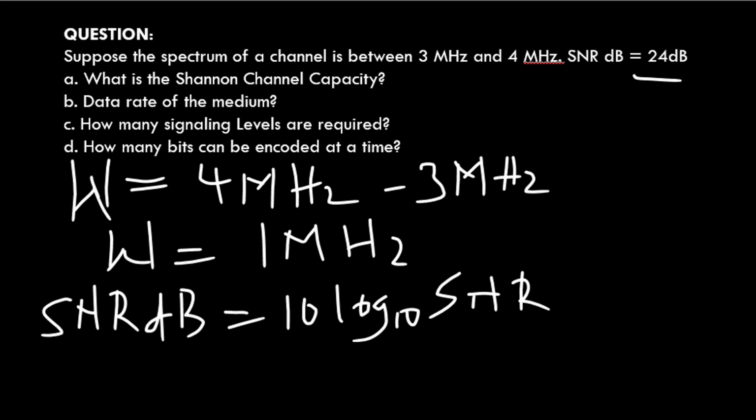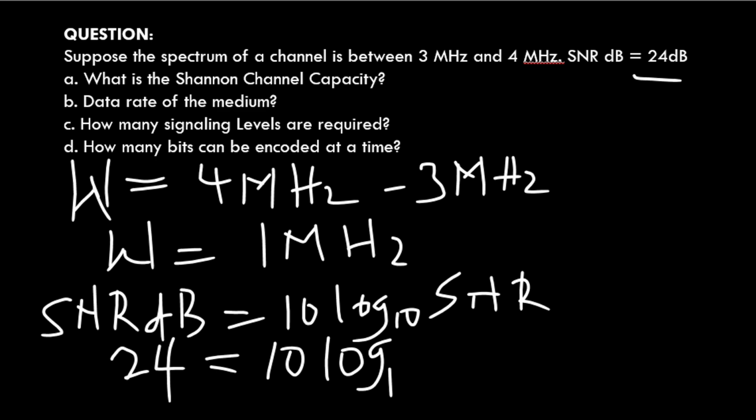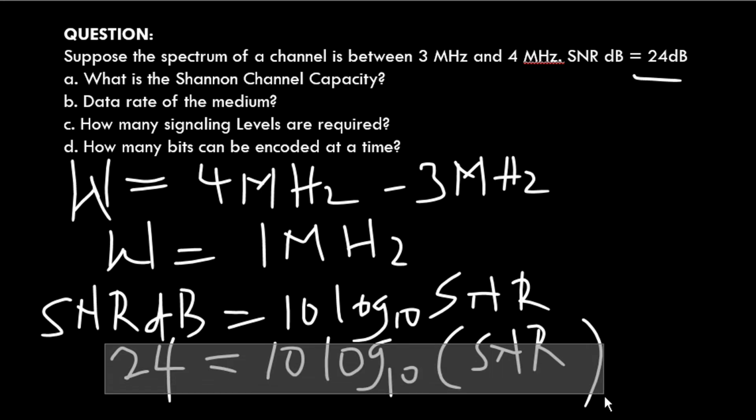So the SNRdB given is 24. So 24 is equal to 10 log 10 SNR, and we are looking for the SNR. Let's divide through this equation by 10 first.